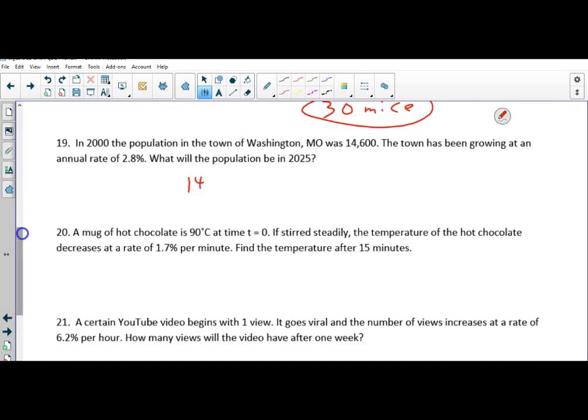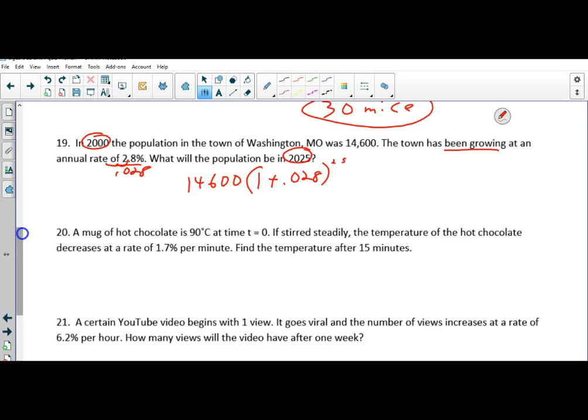Okay, population 14,600. Population has been growing, so that's plus 2.8%, 0.028. Remember, to the left, to the left. It started in 2000. What will it be in 2025?